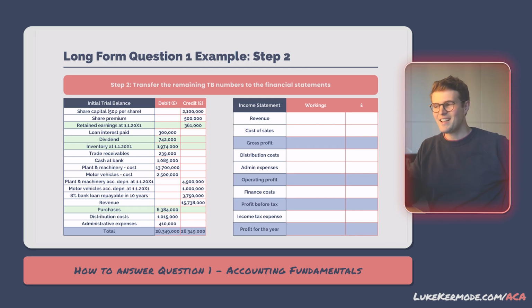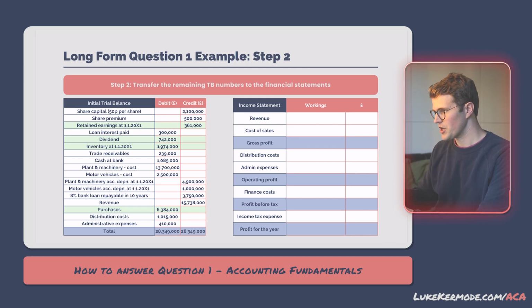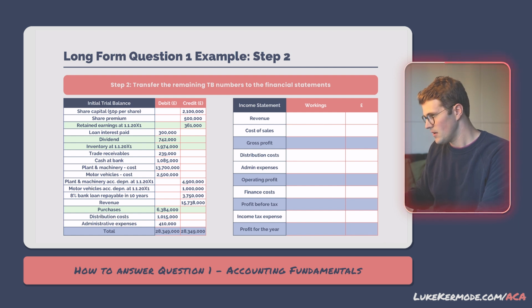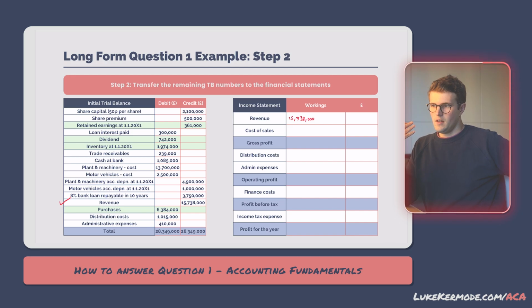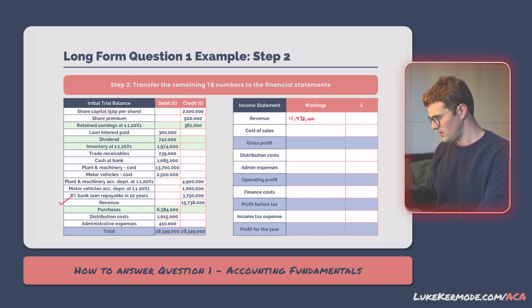So with that all in mind, let's start with the income statement items. We begin at the top with revenue, which comes straight from the trial balance. That is 15,738,000. Tick that off. Next, we have distribution costs of 1,015,000.